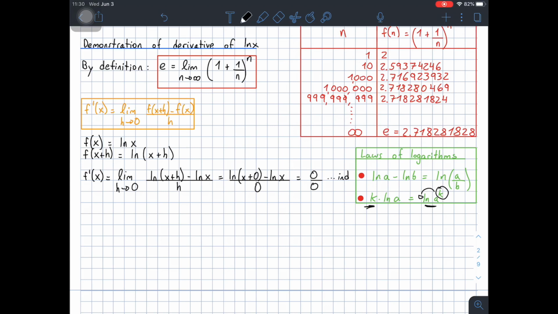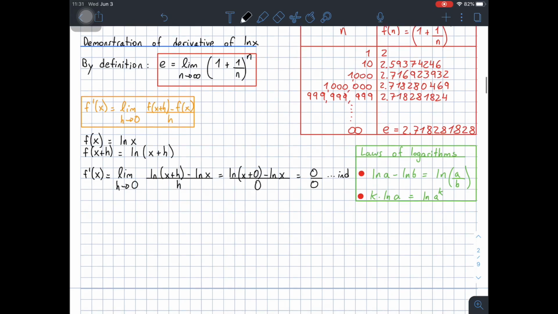So the natural logarithm of a to the power of k is the same as k times the natural logarithm of a. The inverse property can also be applied: I can take the exponent up here and rewrite it as this.